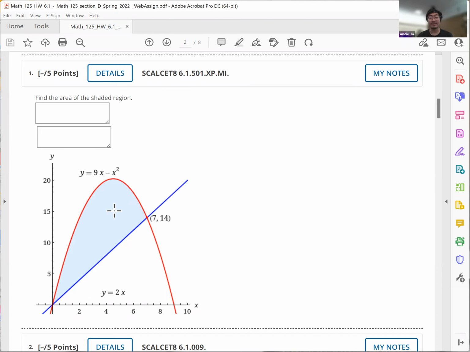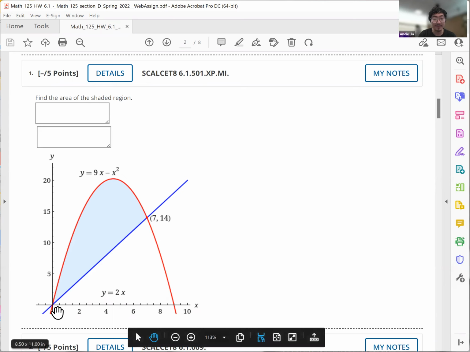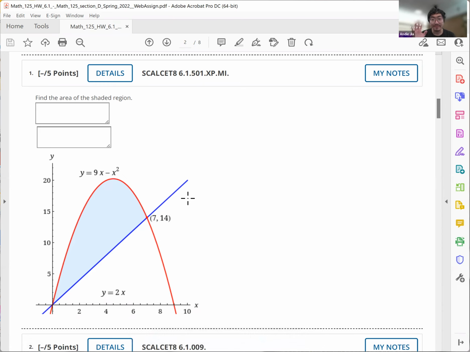The most complicated part is how to set up the integral. All the two curves here are in terms of x, and it's a top-down layout. The interval is from the origin to this point. In this case, the two functions are already available, and they have this intersection.